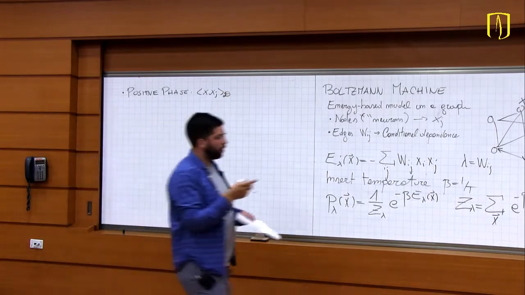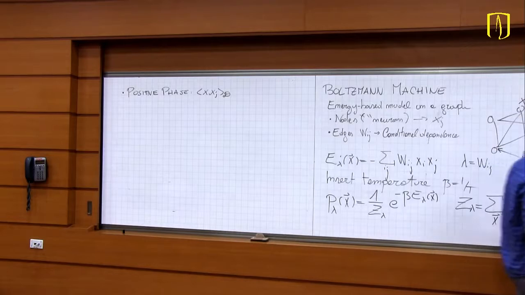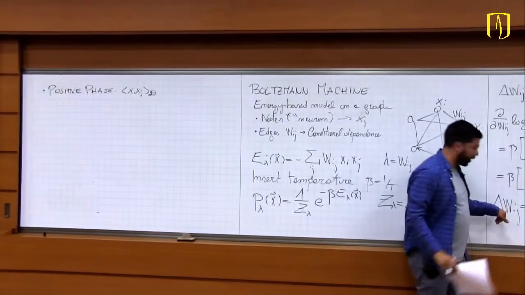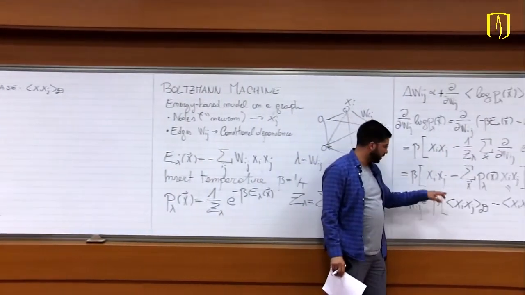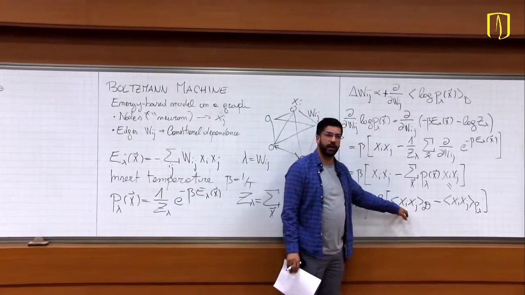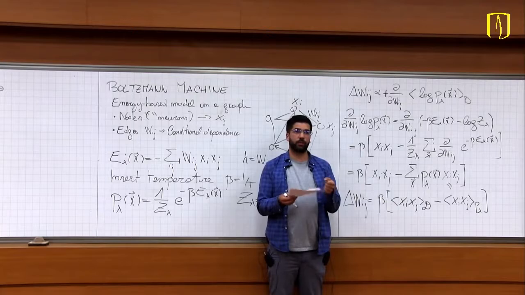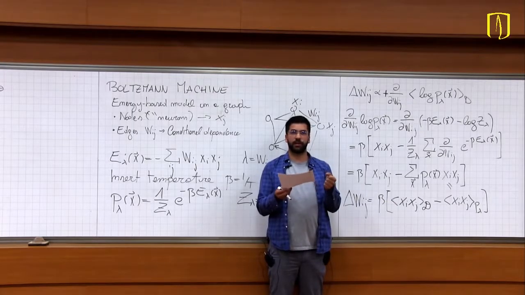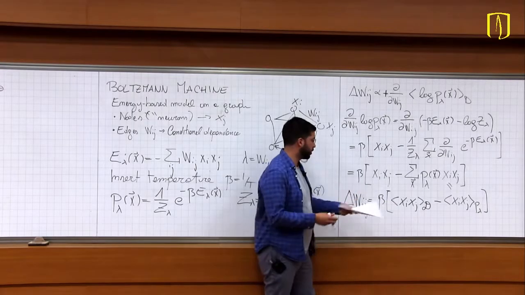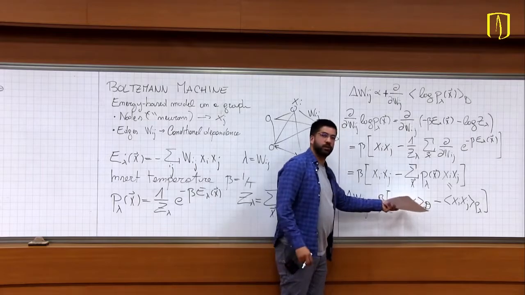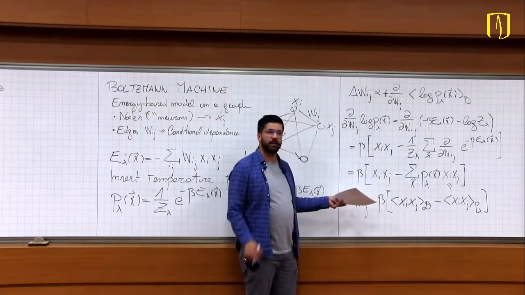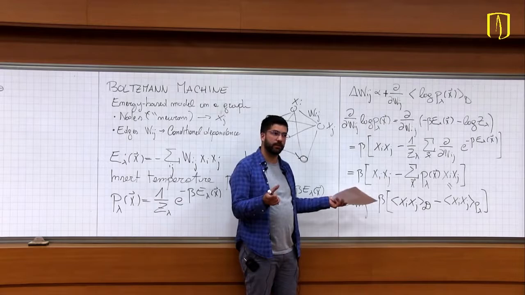So let's see, the change in weights. Let's just look at this piece here. If the 2-point correlation between these variables is positive, let's assume that in the data you have this positive correlation, then what this term wants to do is to increase the interaction between these two variables.